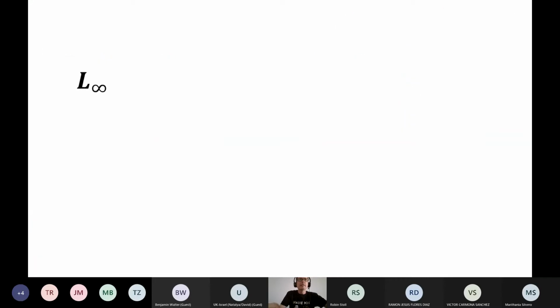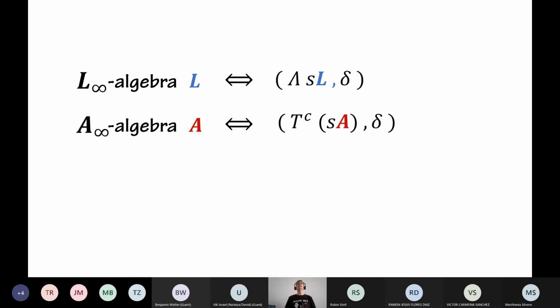An L-infinity algebra can be seen also as a codifferential in the cofree coalgebra generated by the suspension of L. And we have also in these terms the definitions of other infinity structures, for example, an A-infinity algebra is a codifferential in the tensor coalgebra on the suspension of A.